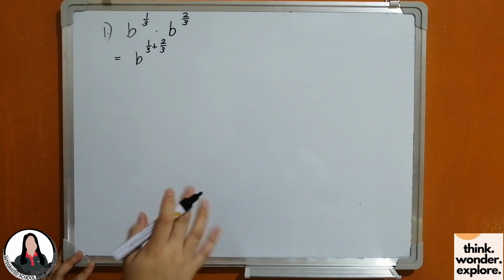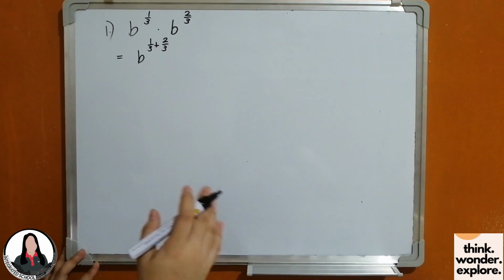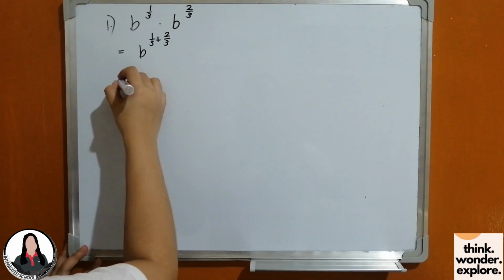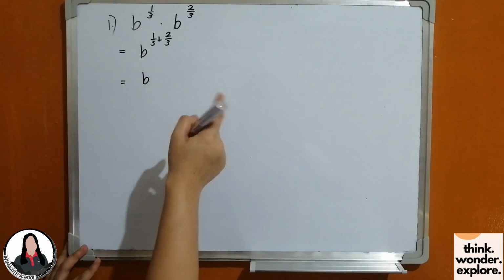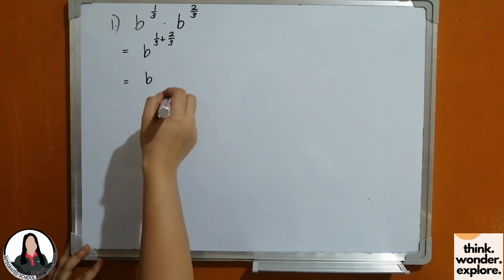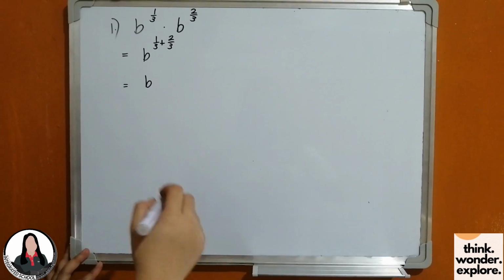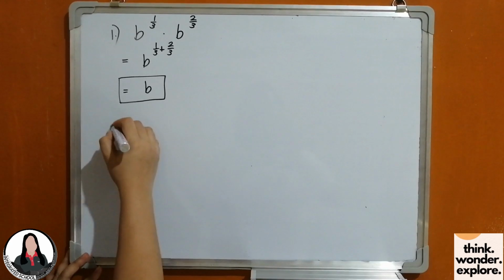When we are adding similar fractions, we just have to copy the denominator and add the numerator. So in this case, we have 1 plus 2, that's 3. So this will give 3 over 3, simply that is 1. But since we do not have to write 1 because it's already implied, the answer is b.